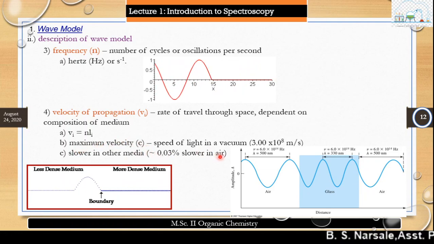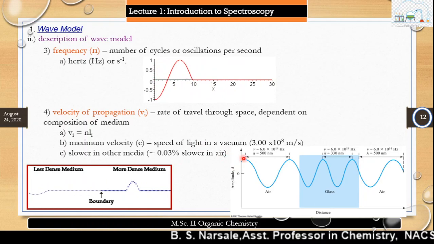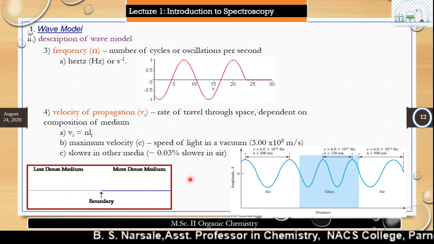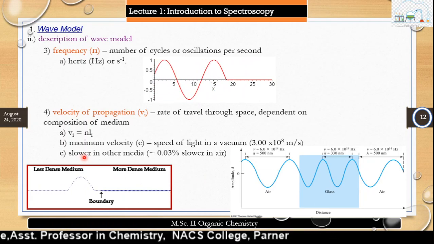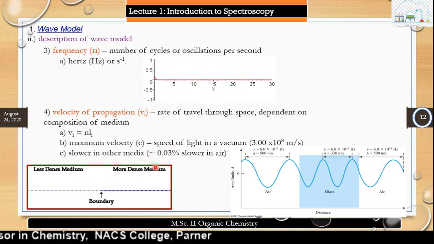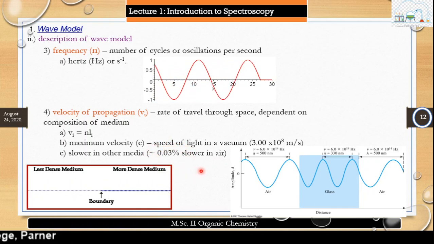You observe a maximum velocity according to the speed of light in a vacuum, and in air somewhat lesser, nearly 0.03% less than in the other media.